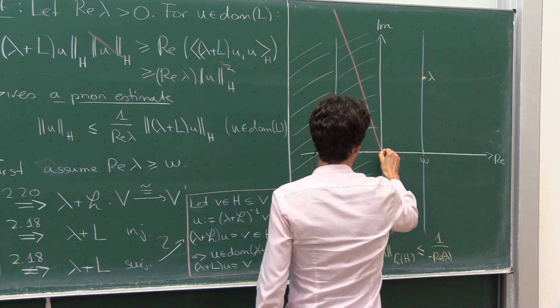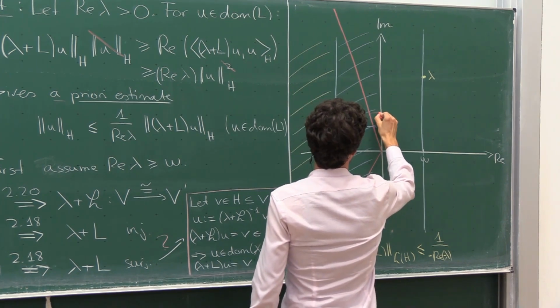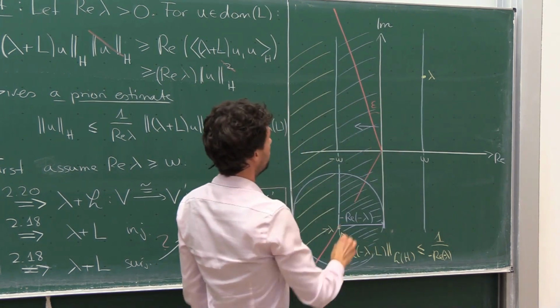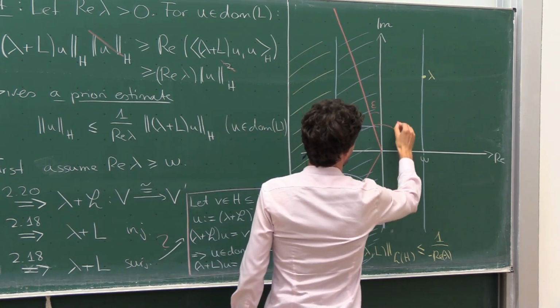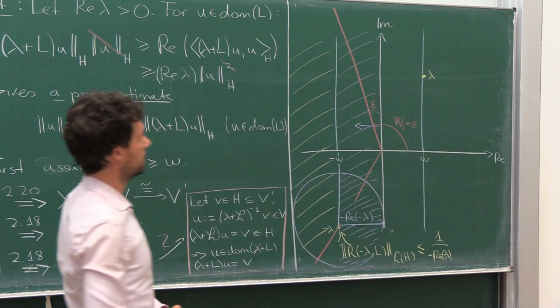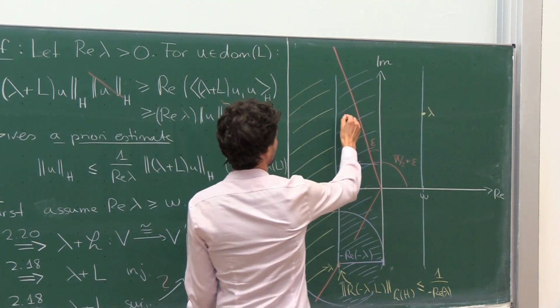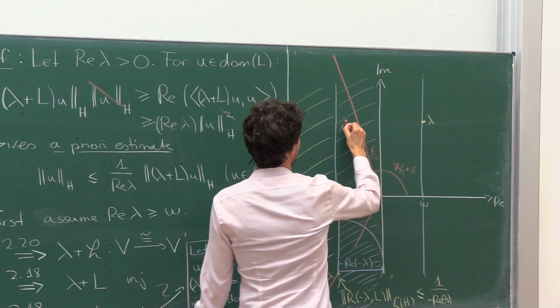So let's do it like this. And this is epsilon. So the full opening angle is pi over 2 plus epsilon. And now I have to prove a resolvent bound. Well, let's take some number mu sitting here.